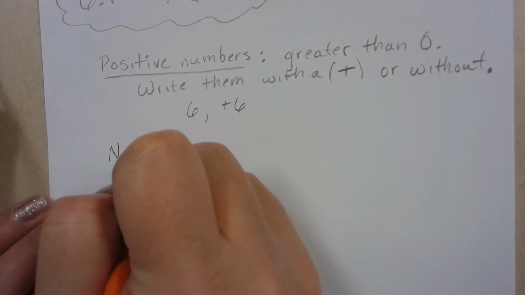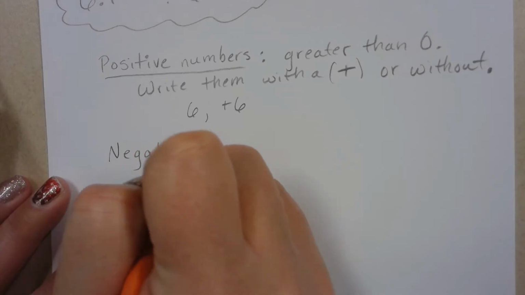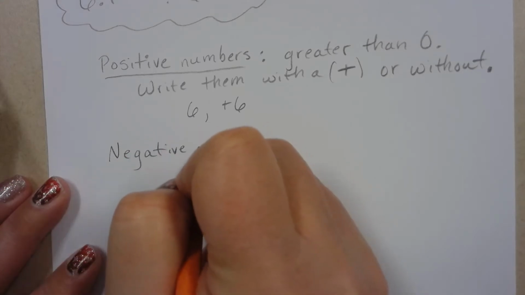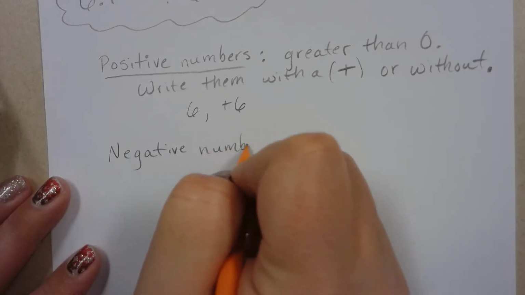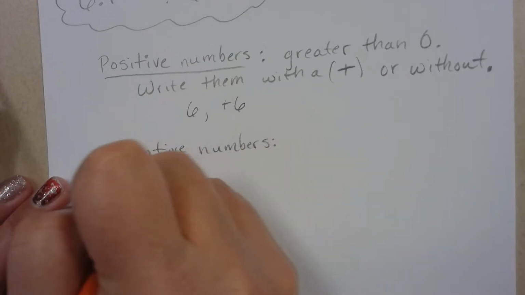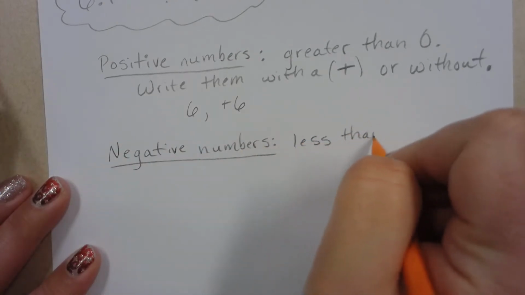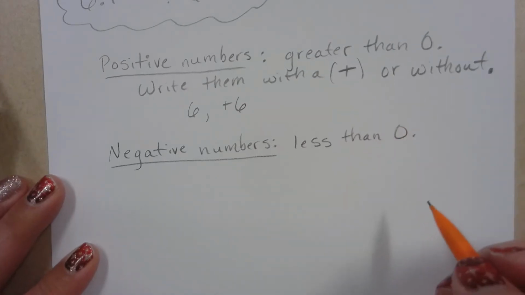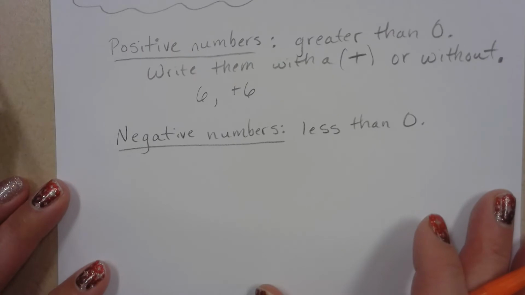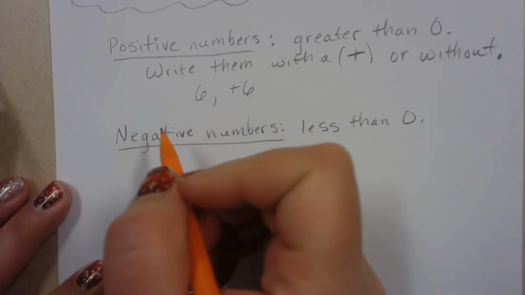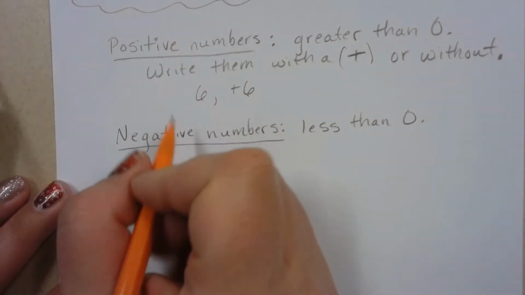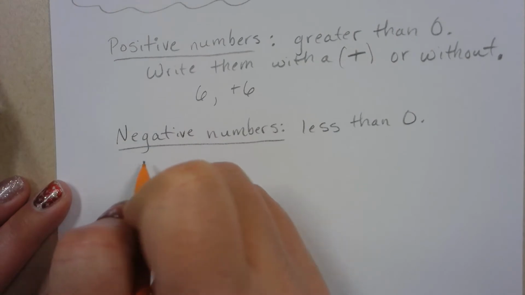Okay, we talk about negative numbers. They're going to be on the other side of 0, so they'll be less than 0. You can think of 0 as your anchor point. Negative numbers are always going to be written with a negative sign.